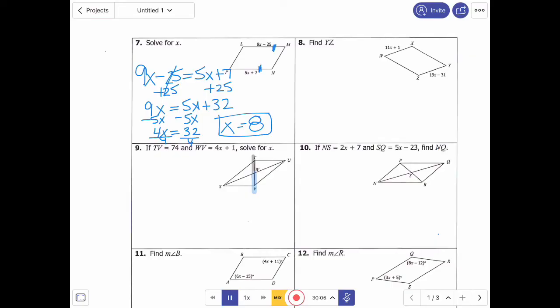So I know if I take VU and I double it, I would have the total of VT. Okay, so I'm going to take 2 times 4x plus 1 and set it equal to that whole TV, and I know that TV is 74.